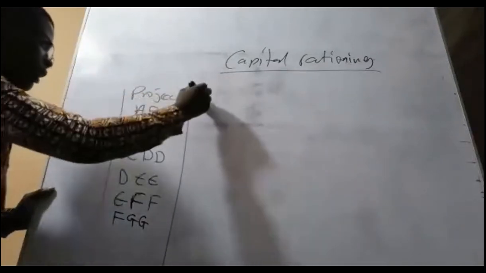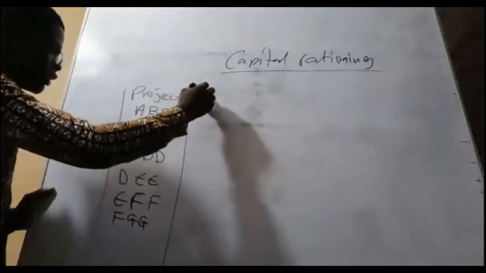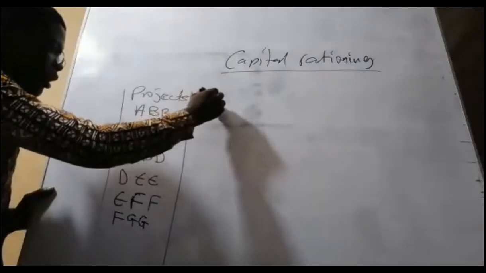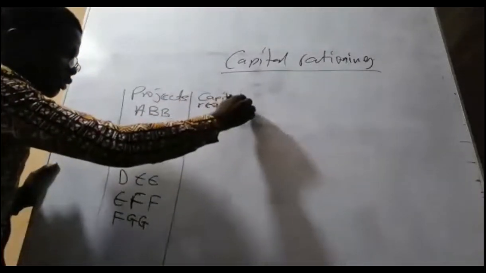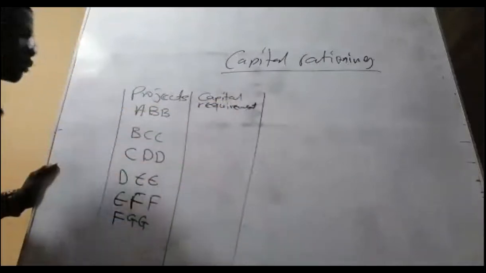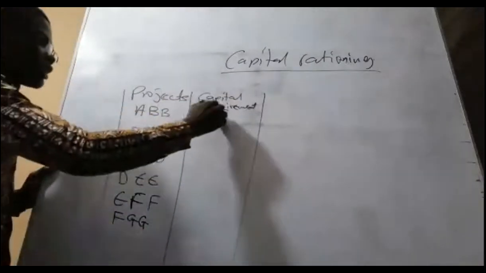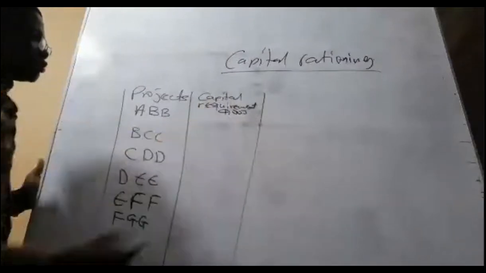These are the capital requirements, that is, the cost of investment for each of the projects. These ones are in thousands.